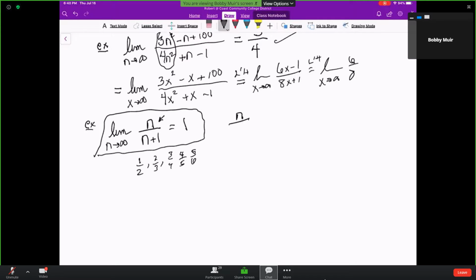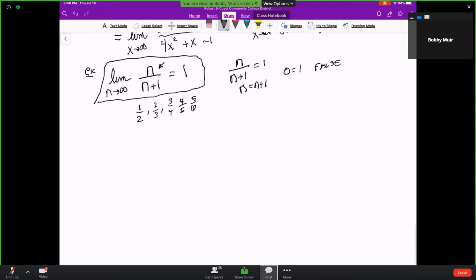But if I tried to solve n over n plus 1 equals 1, that would leave me n equaling n plus 1. That leaves me with 0 equals 1, which is false. So there's no magic time where it's ever going to hit 1, but it's going to get arbitrarily close to it. Okay?